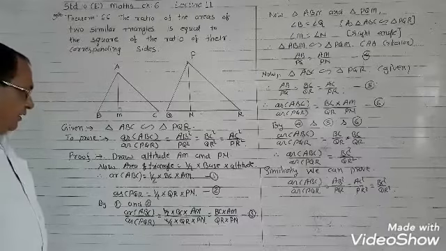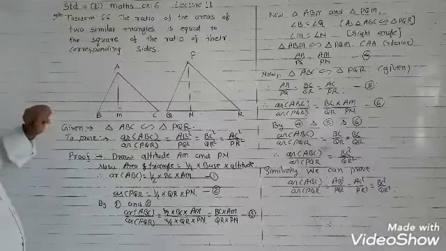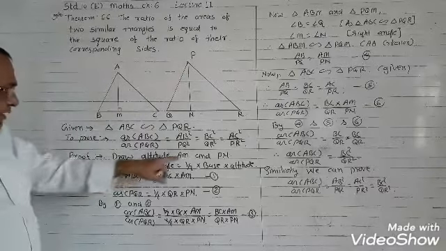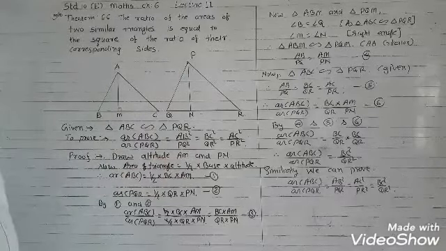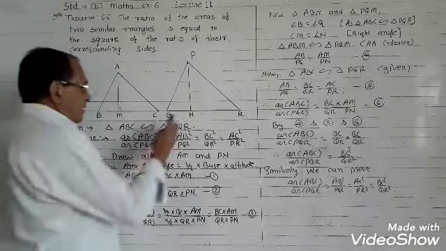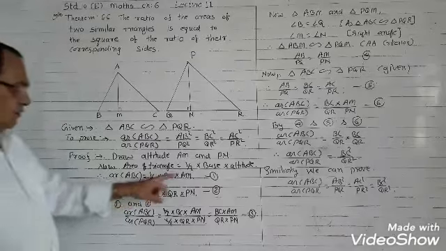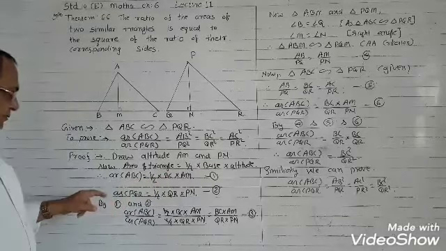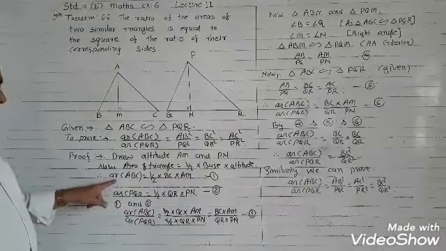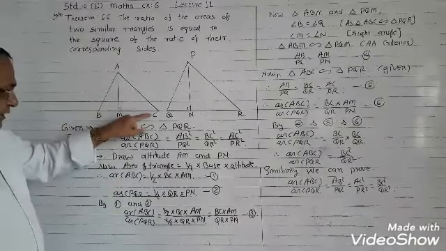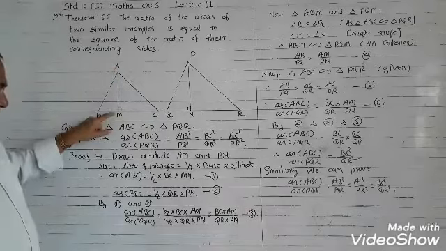Okay, so we will draw the altitudes AM and PN. That means this one is your right angle. Area of a triangle is equal to 1/2 base multiplied by altitude. Area of ABC is equal to 1/2 base, meaning BC, altitude meaning AM.